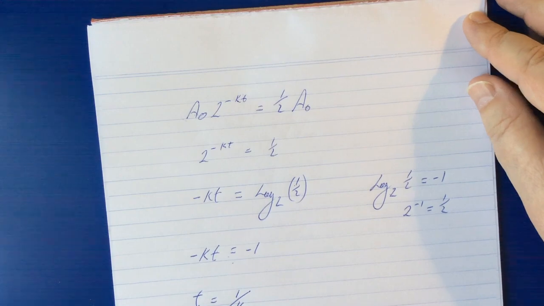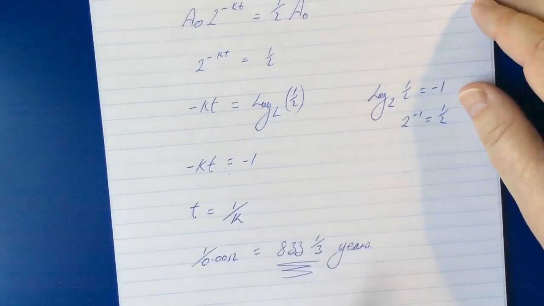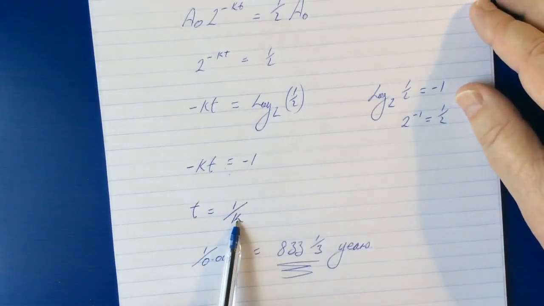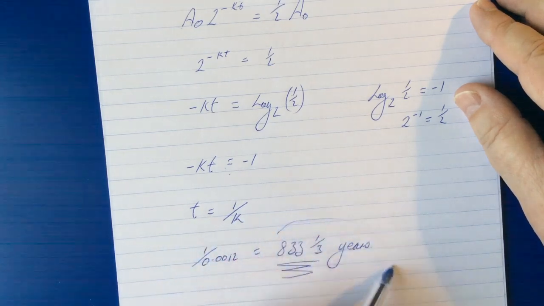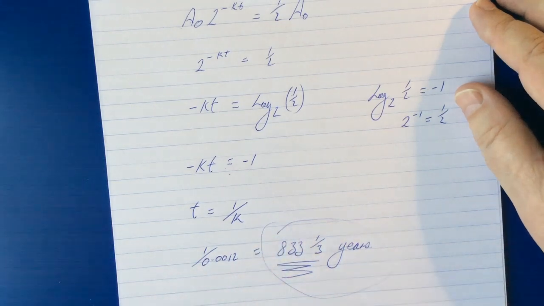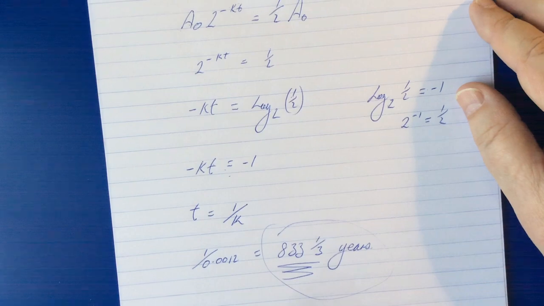We can rearrange this to the following. T is equal to 1 over K, which is 1 over 0.0012, which is 833.33 years. Now, I wonder if anyone guessed this.